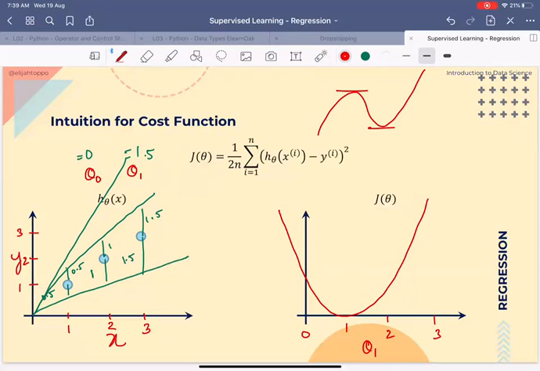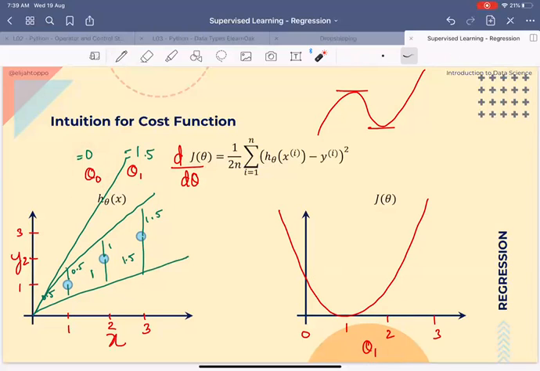So the same concept lies here. The only difference is I cannot do d by d theta. I can do d by d theta if my model has only one dimension. So in this case, I am not searching for theta 0. Let's say I know the value of theta 0. If I only search for the value of theta 1, then I can directly do a single differentiation.